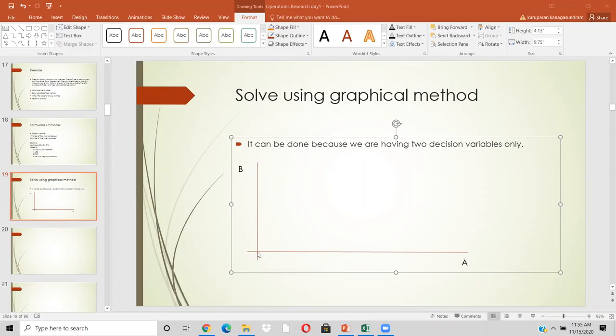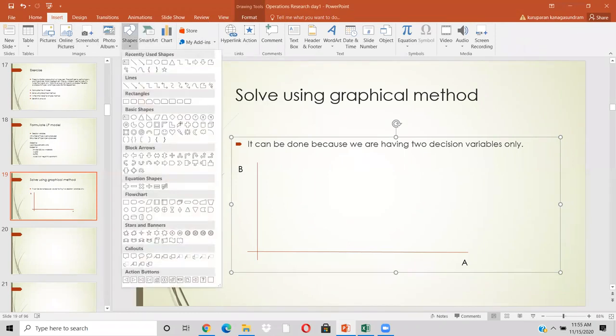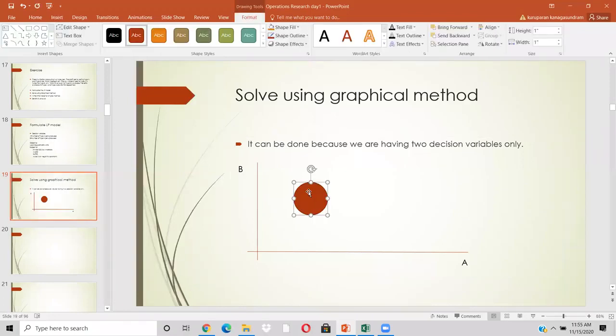So similarly for A, to the left side of this axis will be negative values for A. So by non-negativity, the only feasible region is this part, in this area. Okay.